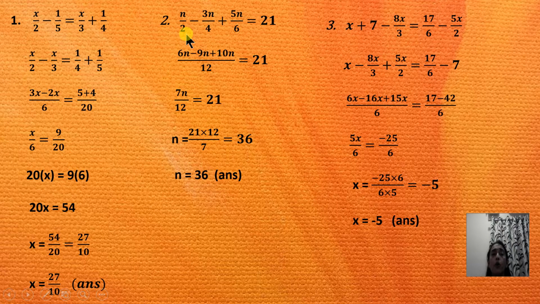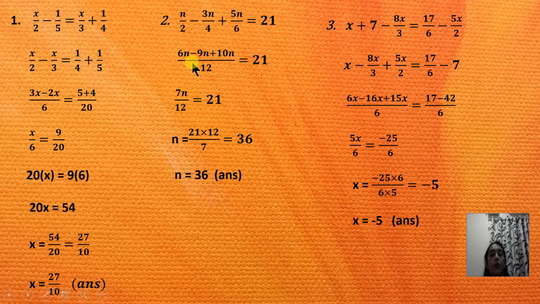n upon 2 minus 3n upon 4 plus 5n upon 6 is equal to 21. Now, first you have to take LCM of 2, 4 and 6. And LCM of 2, 4 and 6 is 12. You know how to find the LCM by division method. You can find the LCM and you will get it as 12.